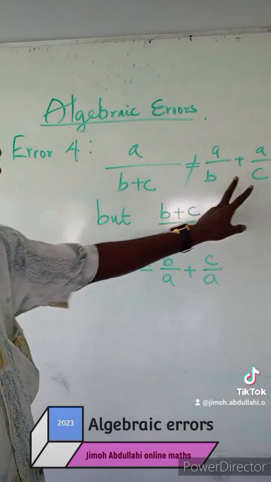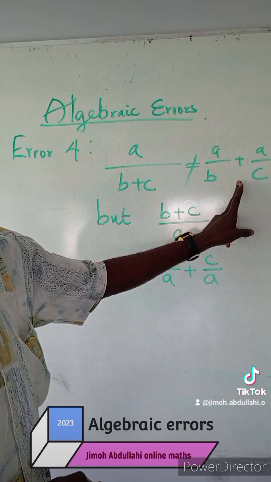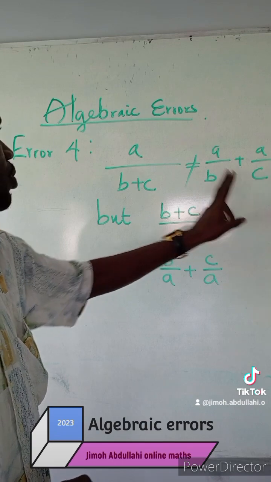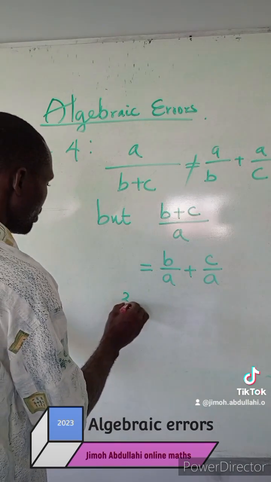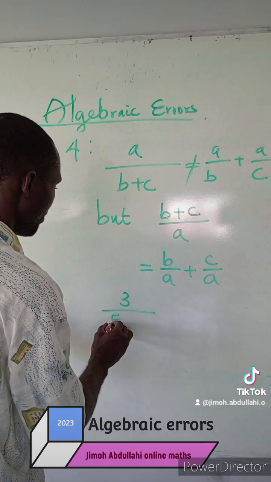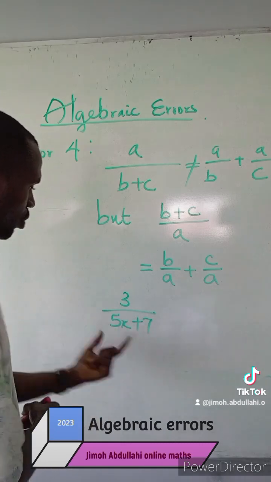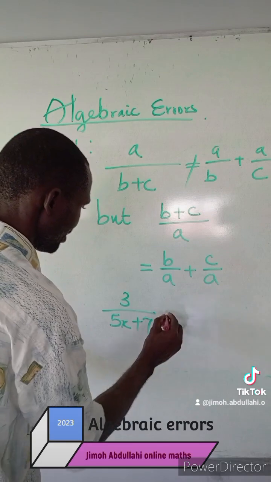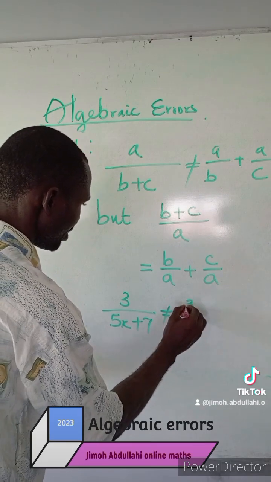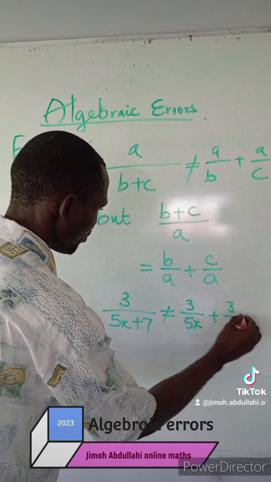But when you have it the other way, you can never break it down to this form. Take note of that, please. For example, let's say we have 3 over 5x plus 7. You cannot write it as 3 over 5x plus 3 over 7.